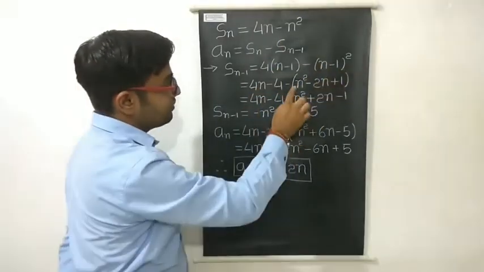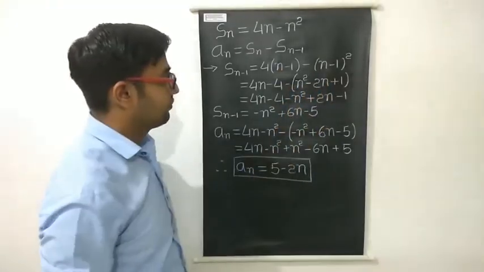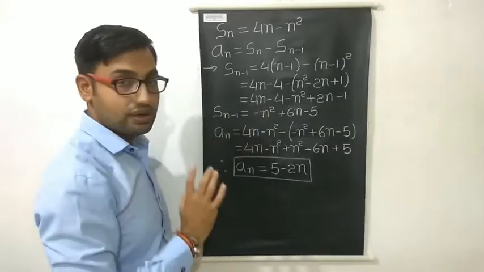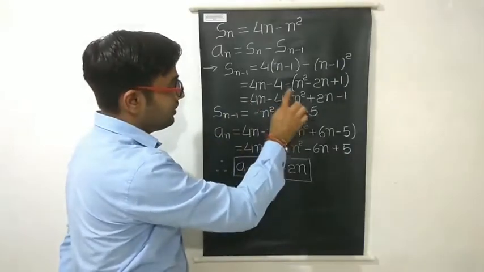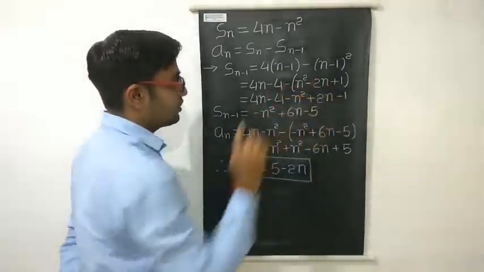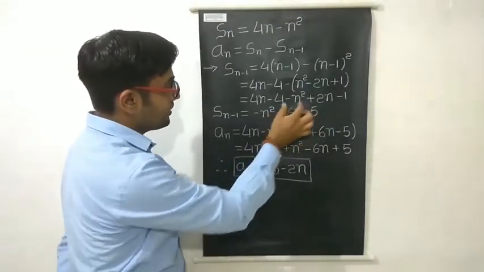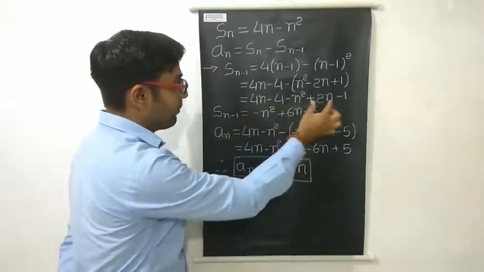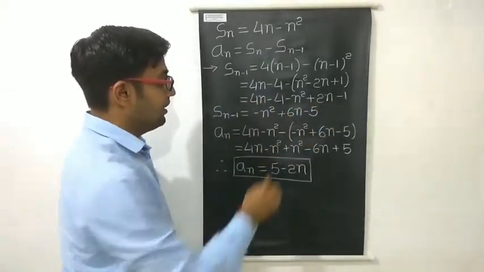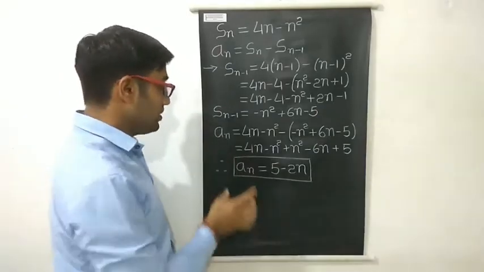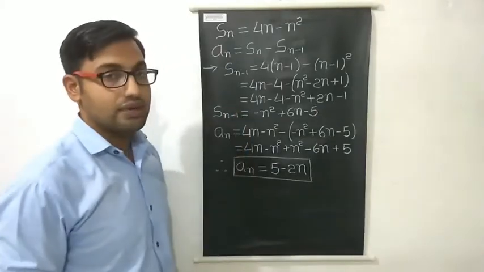By expanding this, we get n square minus 2n plus 1. By opening this bracket, 4n minus 4 remains as it is. Minus n square plus 2n minus 1. Now this minus n square remains as it is. 4n plus 2n is equal to 6n, minus 4 minus 1, that is equal to minus 5. So this is the value of Sn minus 1.